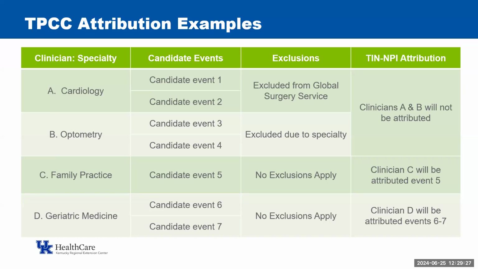And we can also see from the list of exclusions that cardiology is excluded due to the events falling within a global surgery service period. So remember I said there's groups who are excluded. And in this case, because the patient had some type of surgical service during this event, the cardiology practice has been excluded.